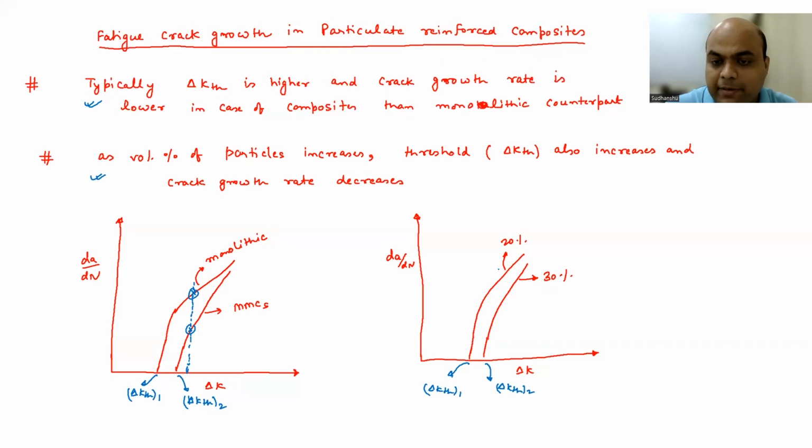Now again for same delta K, you can see that for 30 percentage, dA by dN is lower than the 20%. So overall MMCs are going to be better, right, in fatigue crack growth behavior also. Okay.